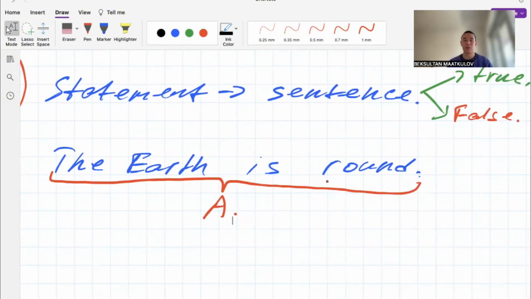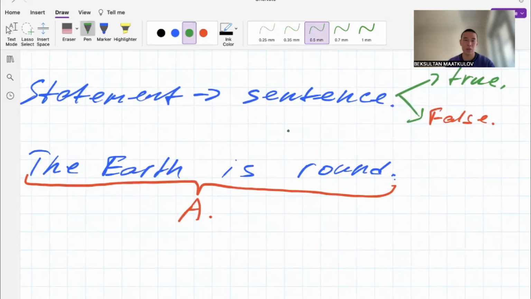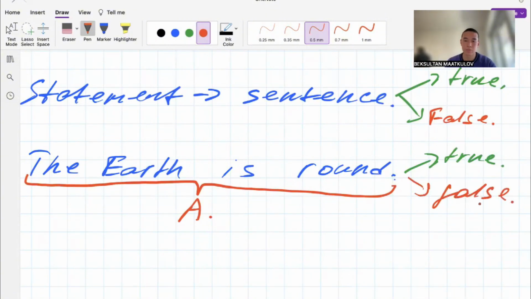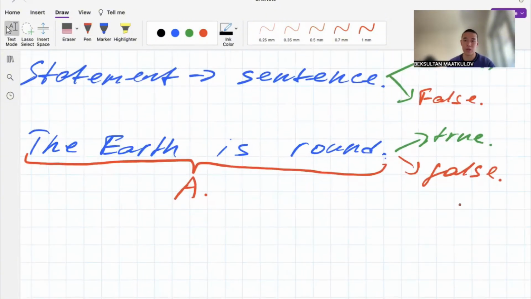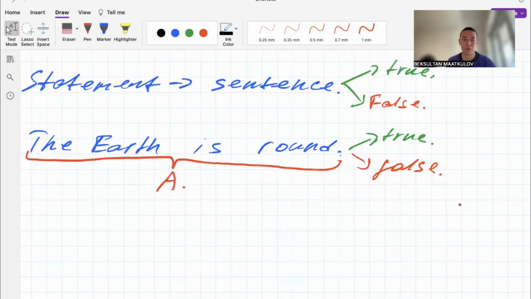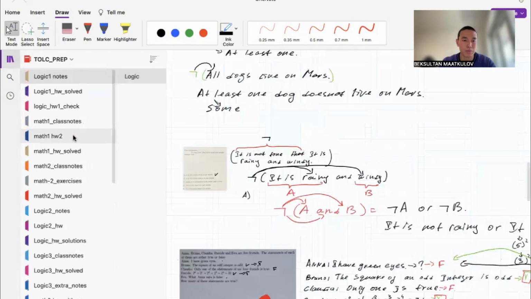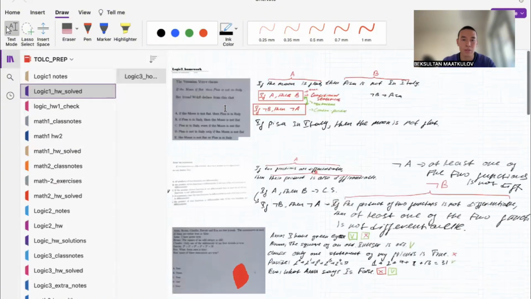And let's imagine we are, let's say, 2,000 years ago, right? And 2,000 years ago, people didn't know that the Earth is round. So that would be a kind of a statement that could be either true or false, right? So let's imagine this is our statement, the Earth is round, and this can be either true or false. Just give me a small moment. I'll give you a picture from the previous lesson, if I have it.